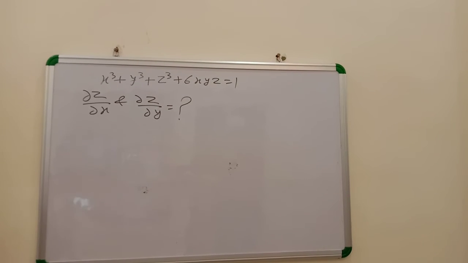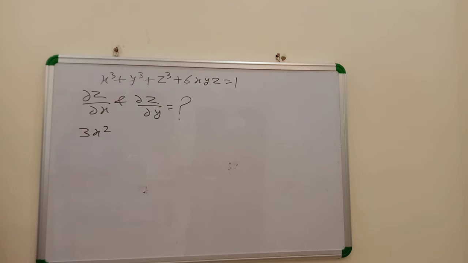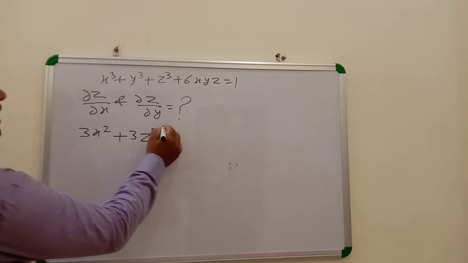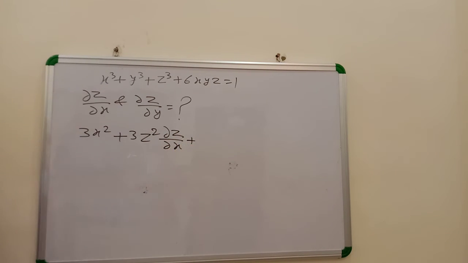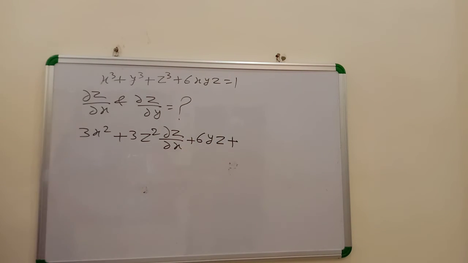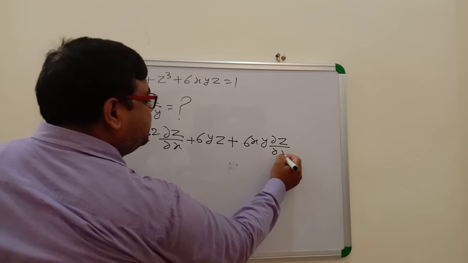To find del z over del x, differentiate with respect to x, treating y as a constant. So this is 3x square, and here y is constant, plus 3z square del z over del x plus 6yz plus 6xy del z over del x equal to 0.